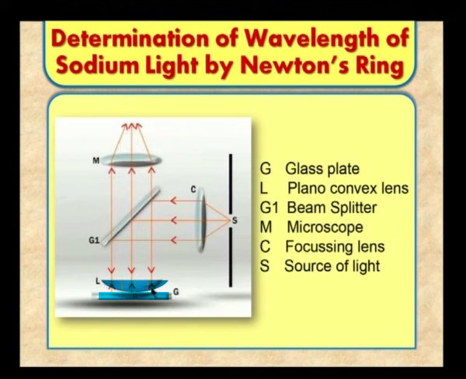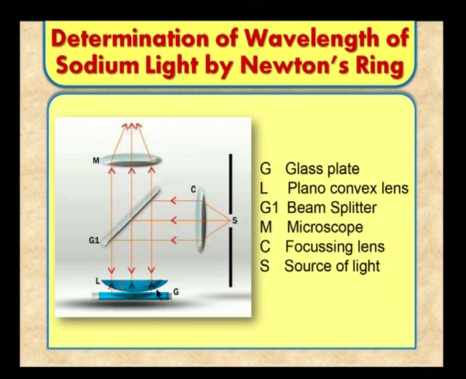The point is, one light ray will be reflected from the bottom surface of the lens, right. The other light ray is the one reflected from the top surface of the glass plate. This is the bottom surface of the lens, and this is the top of the glass plate, and so the thickness of the air film will be changing, right. Now, this is the air gap, something like an air wedge. So, here also you get a wedge-shaped film.